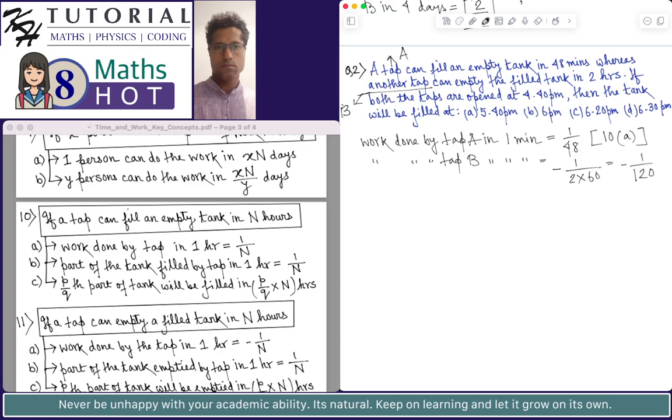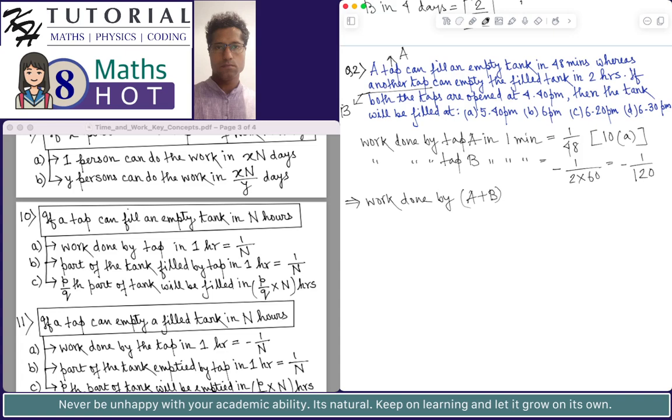Now we have to find the work done when both taps A and B are functional, that is, both are open and working together.